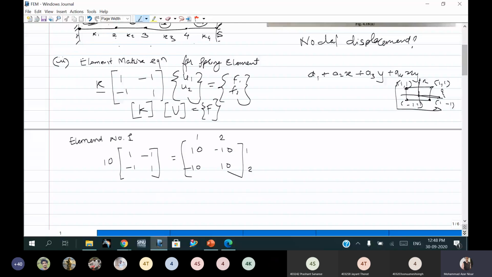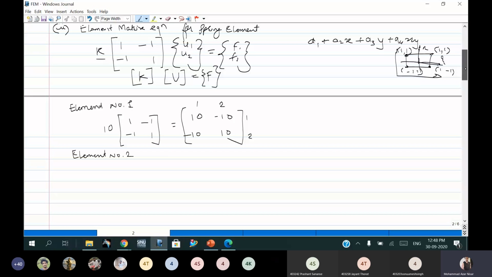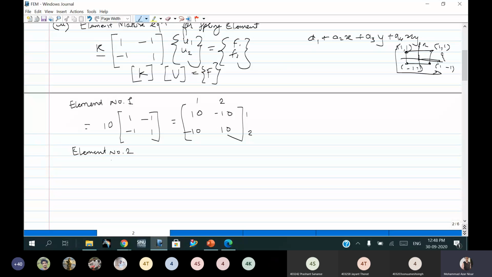Next, for element number 2, I will directly write the stiffness value 15. Suppose k2 is equal to 15, so it is 15 minus 15, minus 15 15.